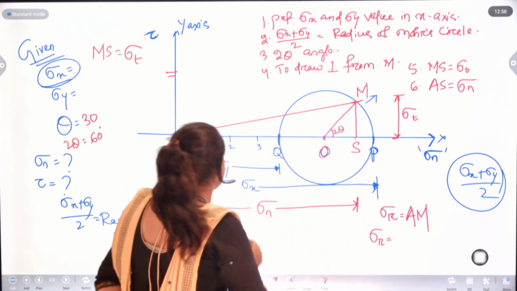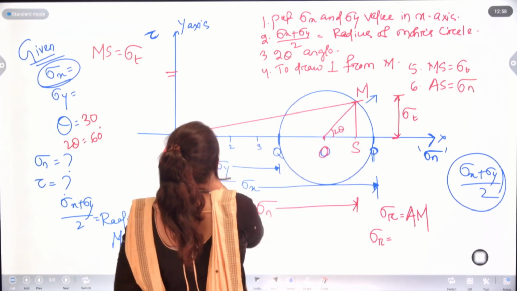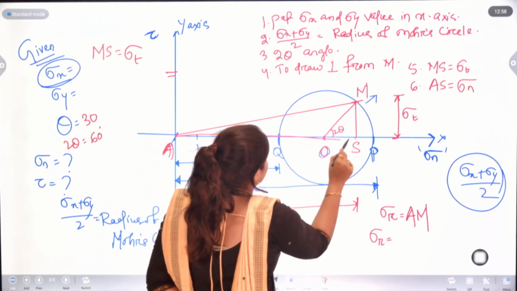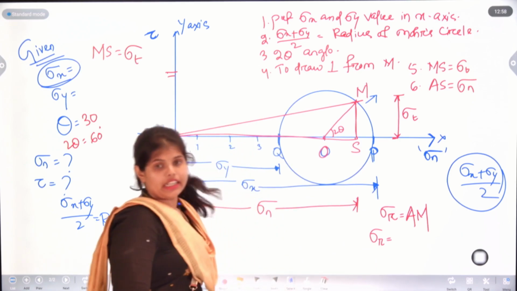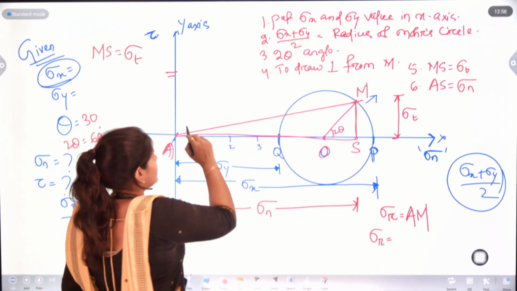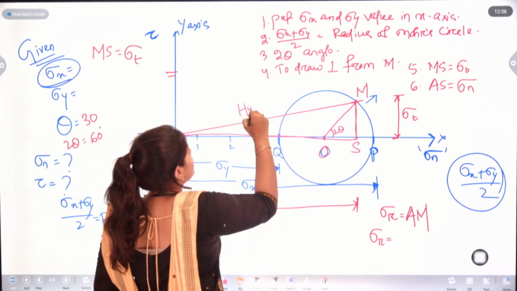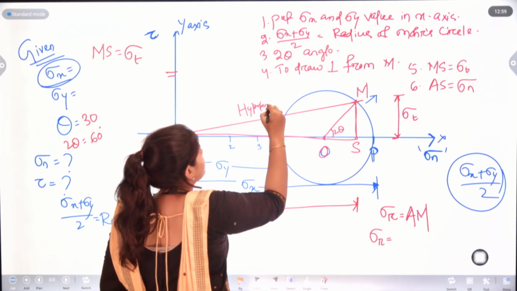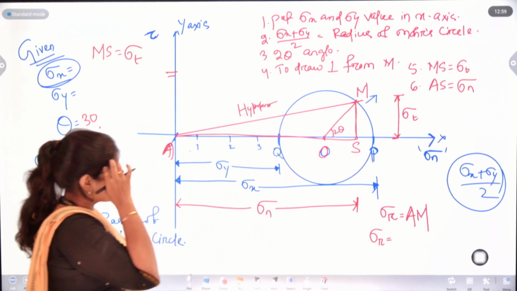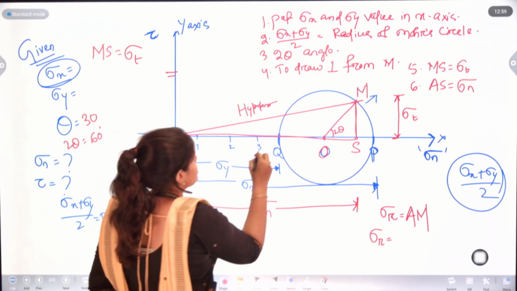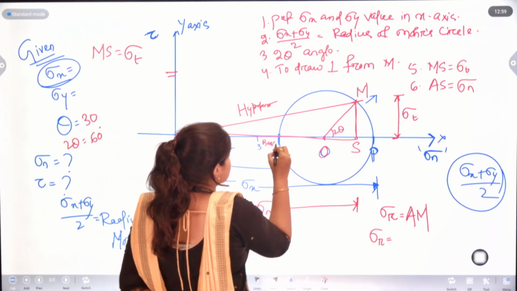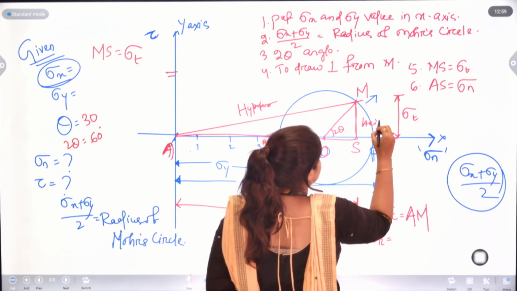In triangle ASM, we can see AM is nothing but the hypotenuse, and AS is your base, this is your height.